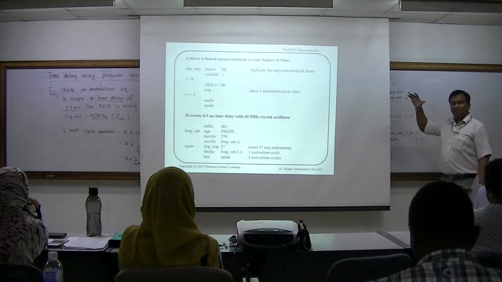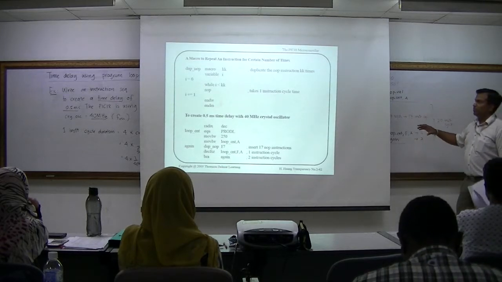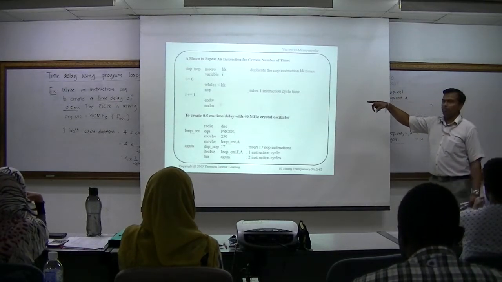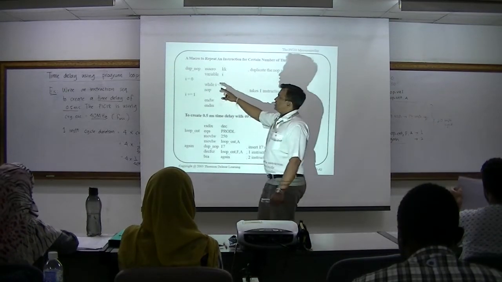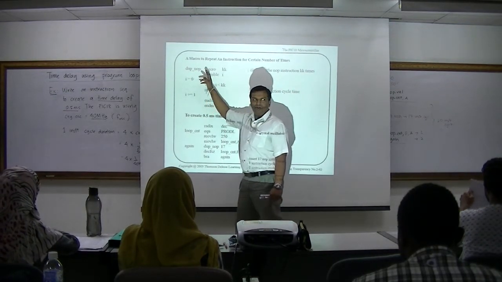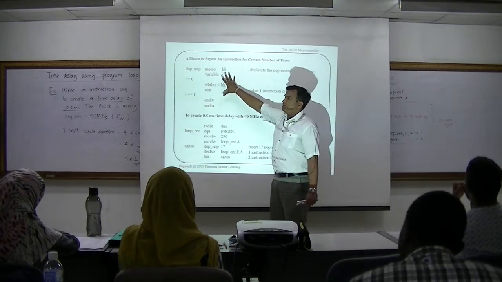Instead of writing very long 17 instructions, you can create a macro. This is the macro. We call it the duplicate no operation macro.